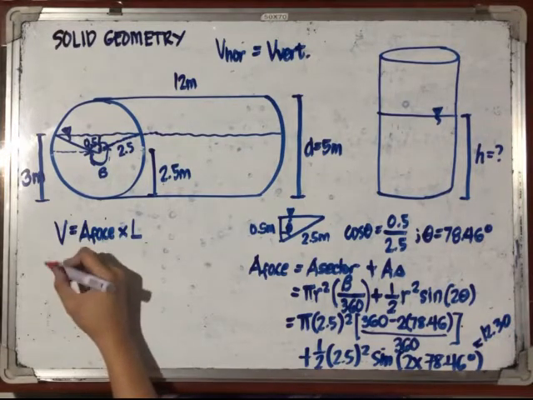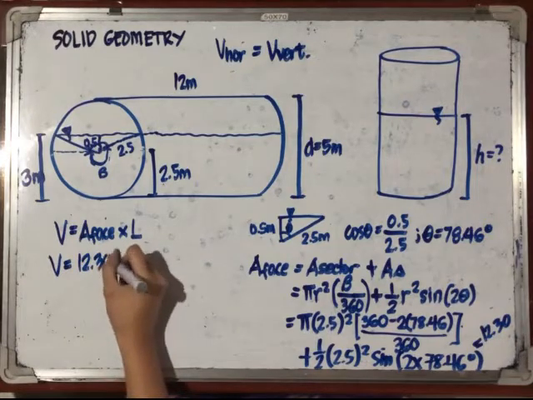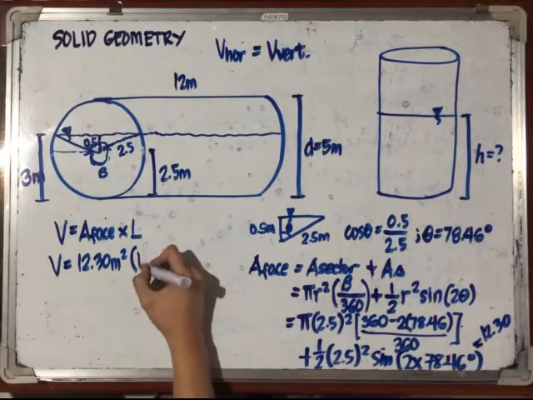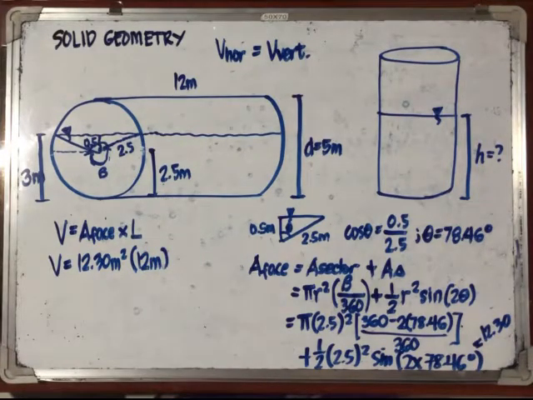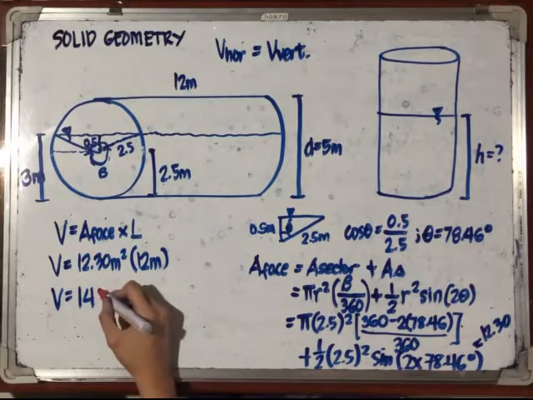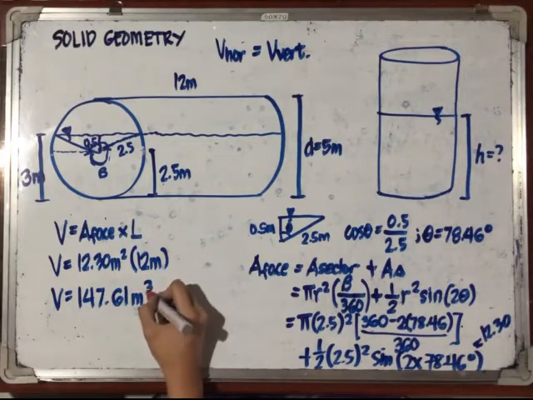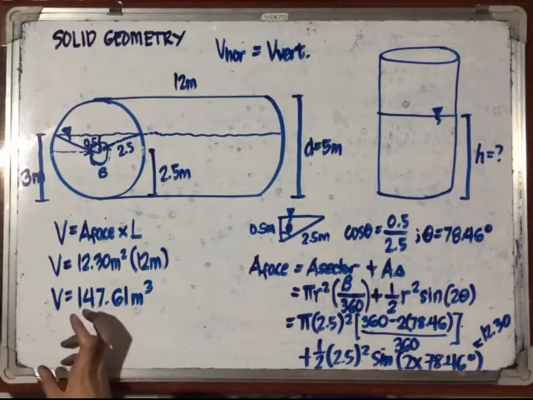Therefore, our volume would be 12.30 square meters, the area of the face, times the length of this tank, 12 meters. That would be a volume of 147.61 cubic meters. This is just the first part of our solution, getting the volume when it is horizontal.